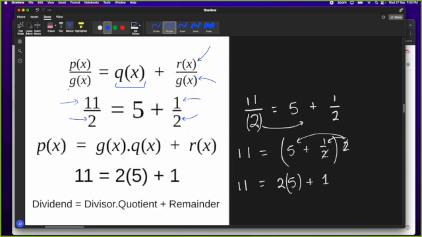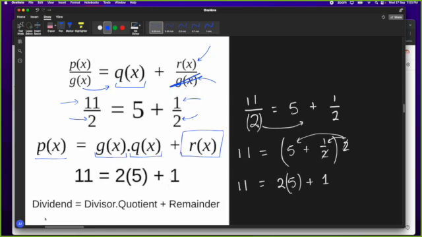So similarly, if I was to take this g of x and fling it across to the other side, what will I end up getting? I'll end up getting p of x is equal to the g of x being multiplied by the q of x. But the g of x will end up canceling with this g of x, so I'll just end up having the remainder here, the remainder alone.